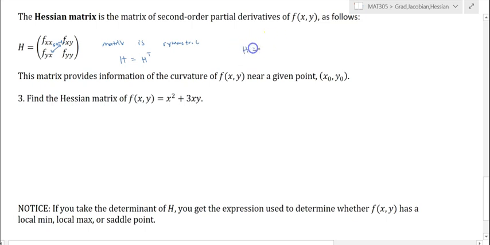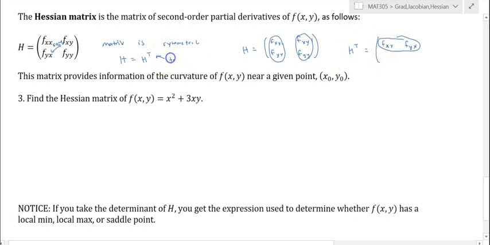So if H is, as we have here, fxx, fyx, fxy, and fyy, if you take these two columns and turn them into rows, then you get H transpose. So make this the first row, fxx and fyx. Okay, so that first column just became the first row. That's the definition of a transpose.